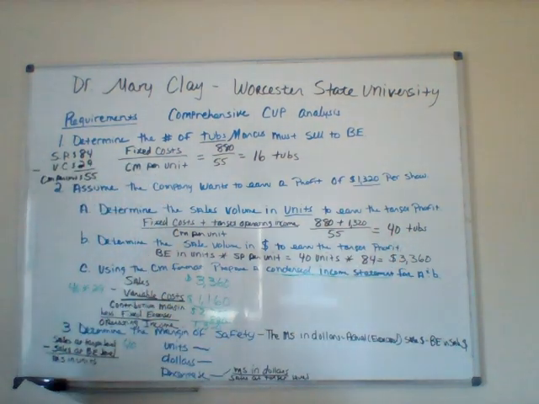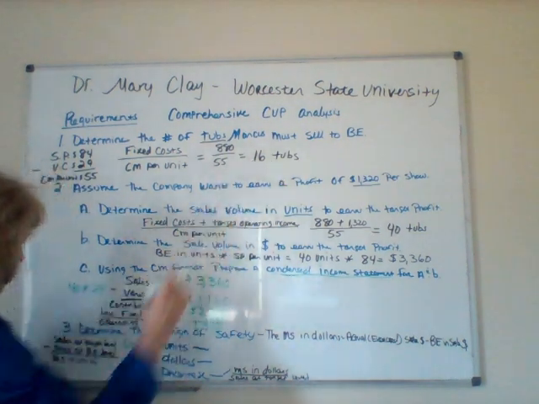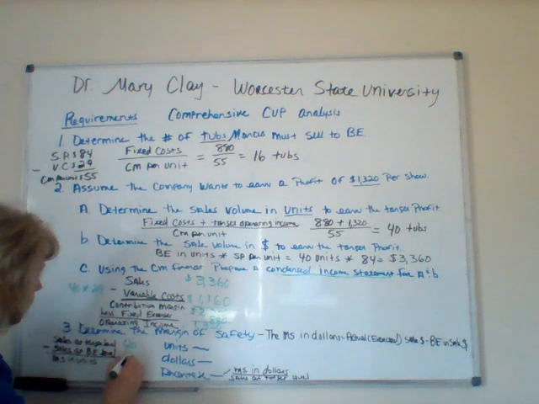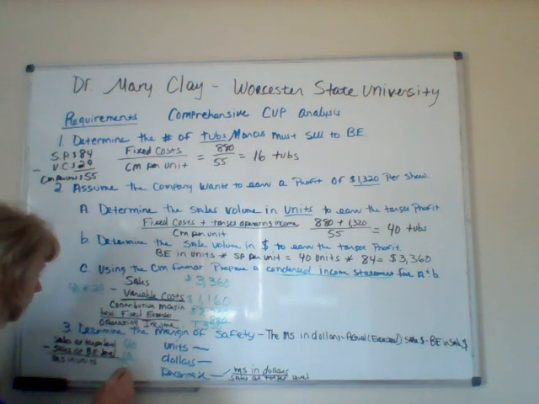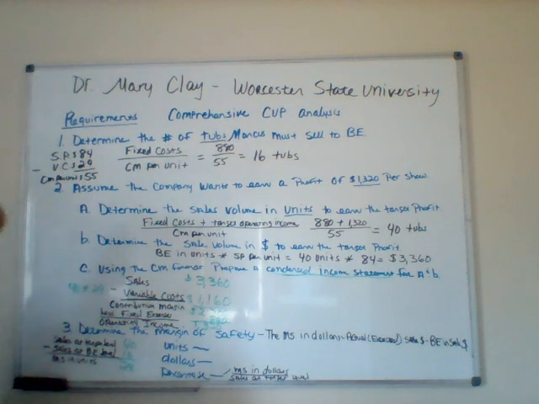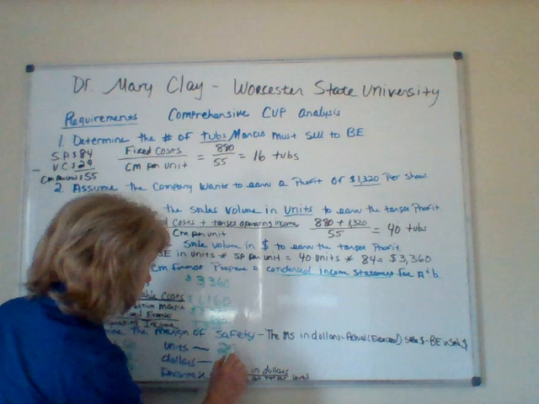So the sales at the target level are 40. The sales at the break-even level we got up here. So the margin of safety in units that we need to sell are 24. Okay, so that's units. So my answer is 24 in units.